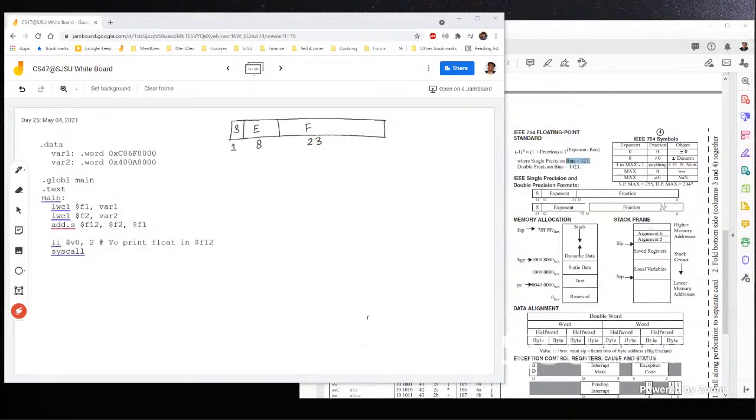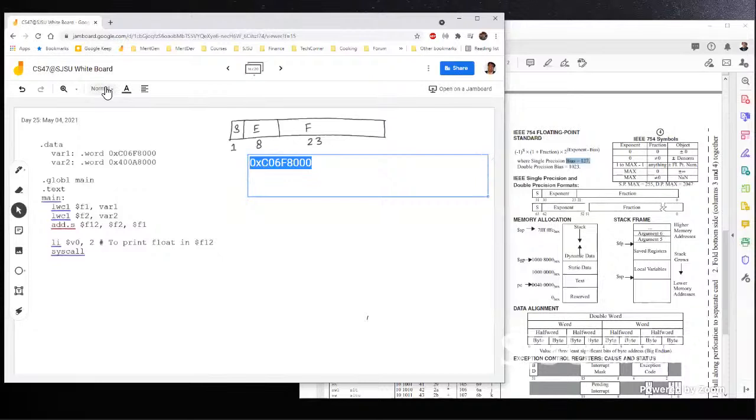Now, given this 32-bit hex pattern C06F8000, let's change it to binary. C is 12, which is 1100.